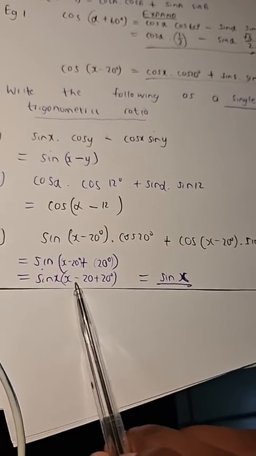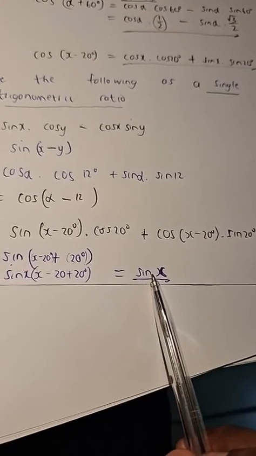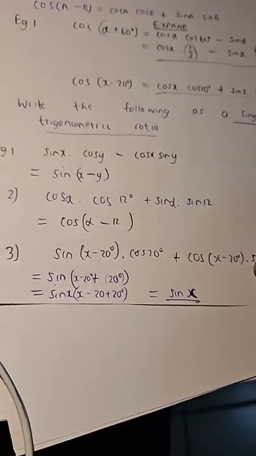Minus 20 plus 20 gives us 0, so we are left with a single trigonometric ratio, which is sine of x. We need to know how to expand, but at the same time we need to know how to write the expanded form as a single reduced trigonometric ratio. Hopefully you are seeing how fluent this all can be.